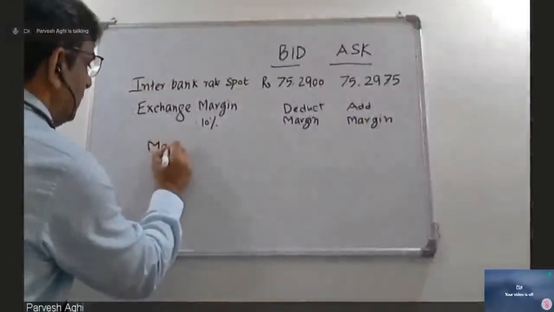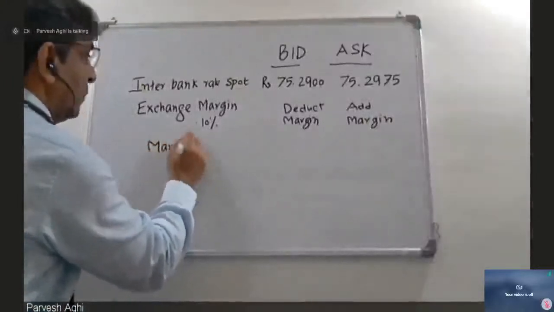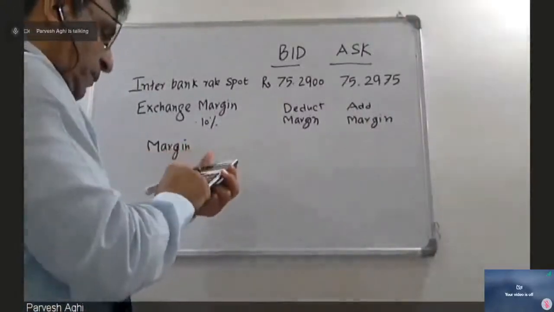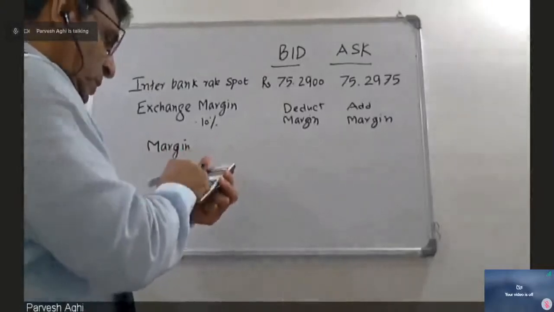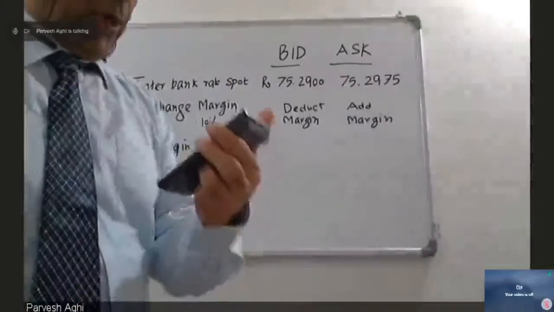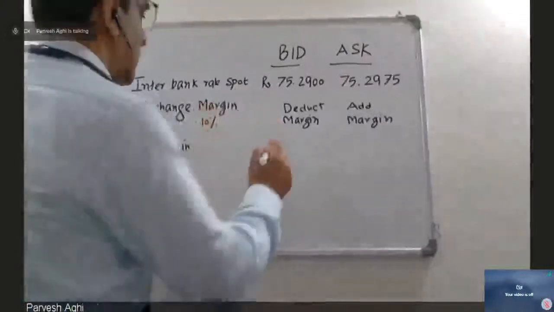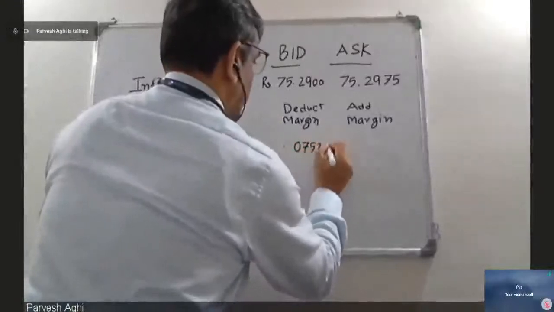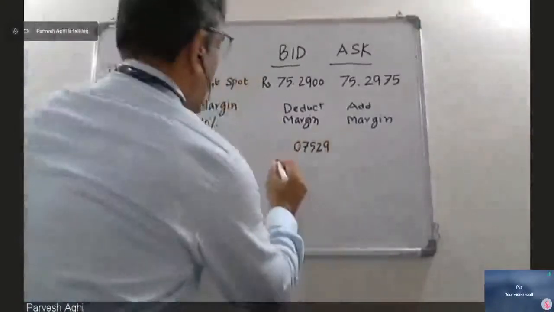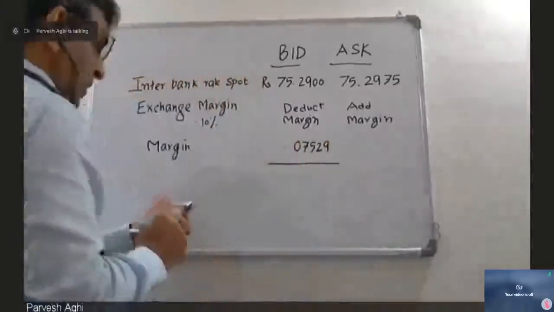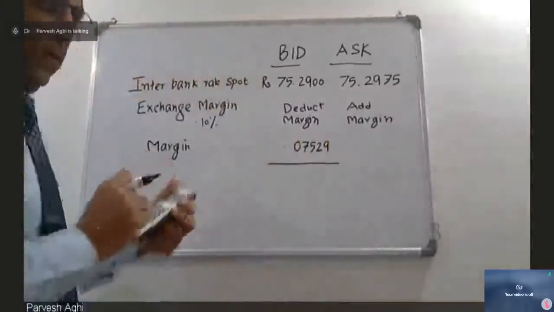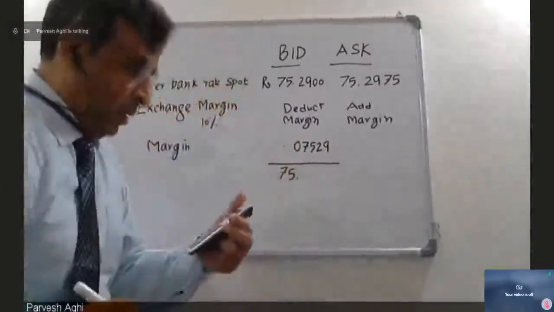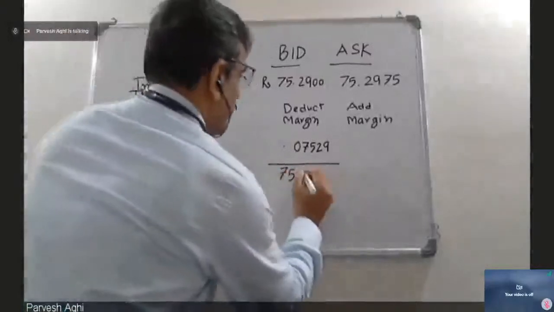So I calculate the margin using my calculator. It is 75.29 into 0.1 percent, so it comes to 0.07529. Then I am going to subtract this, so it will be 75.2147.